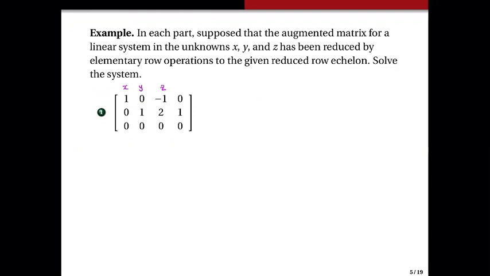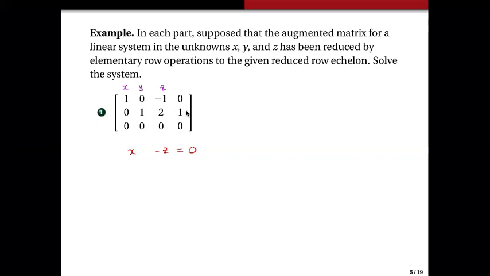So what does this mean? In the first row here, it means you have the equation x minus z equals 0, because the y part there is 0.